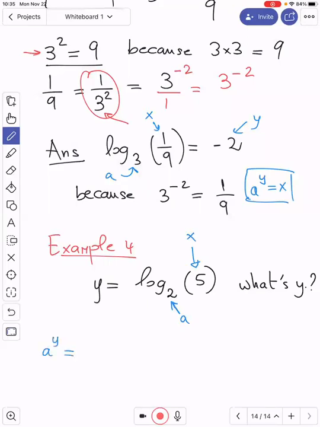For which power of a are you going to get 5? Your a is 2, so then you have 2 to the power y equal to 5.